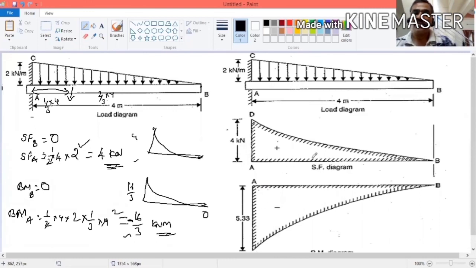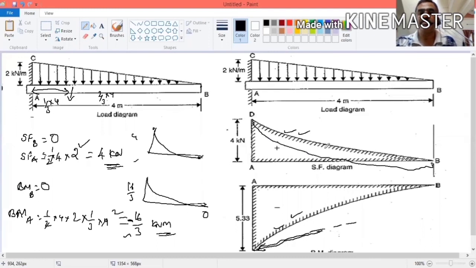This is a quadratic curve. This is a cubic curve. If you draw a quadratic curve, it will come like this. If it is a cubic curve, it will come slightly below. But both are curves only, and while drawing you cannot make much difference. But here you have to draw a quadratic curve, and here you have to draw a cubic curve.